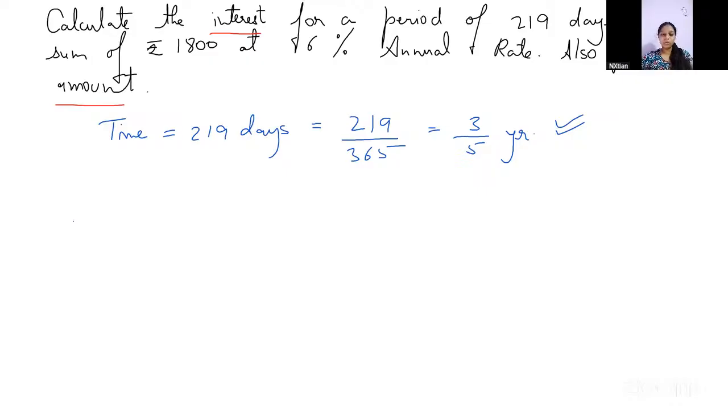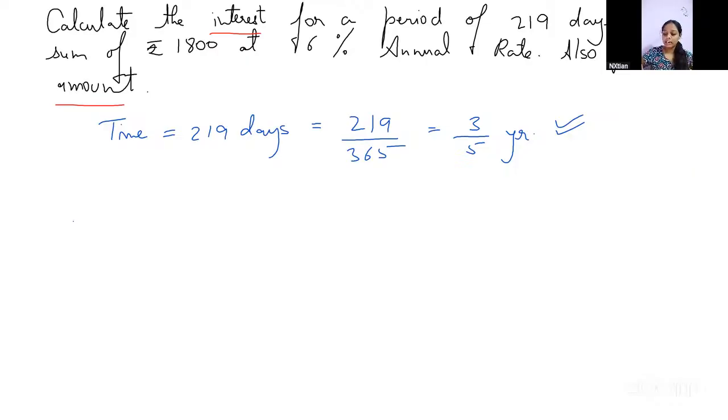Abraham, your voice broke totally, so I couldn't hear it. Ma'am, I was trying to do 1800 into 6 into 219 upon 100 into 365. Correct, Abraham. That is also correct if you do it directly. Or if you break it down first and then do it, both are correct.